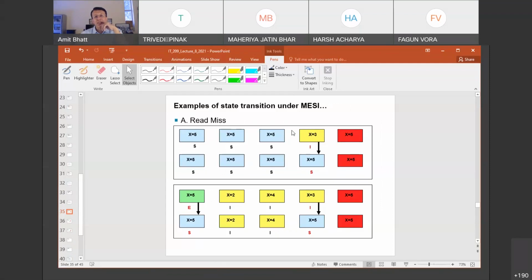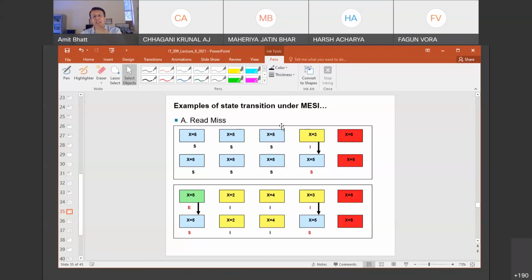It's a quad-core machine, and this is your main memory. The one in red is your main memory, and all these are the caches of the different processors, P1 to P4. If you are a computer science buff, you call it P0 to P3, but let's say P1 to P4.